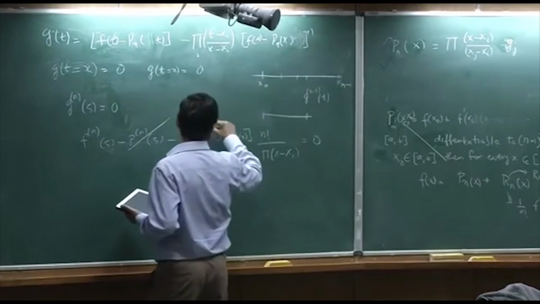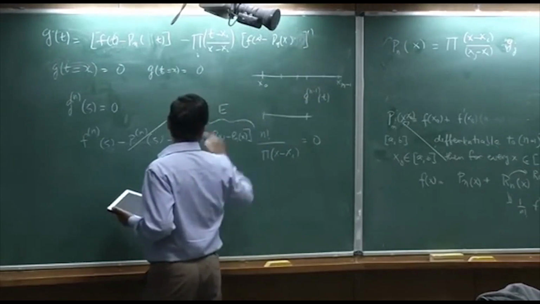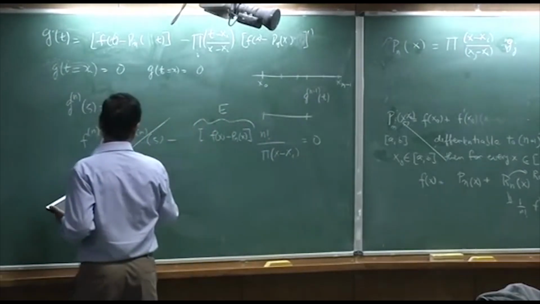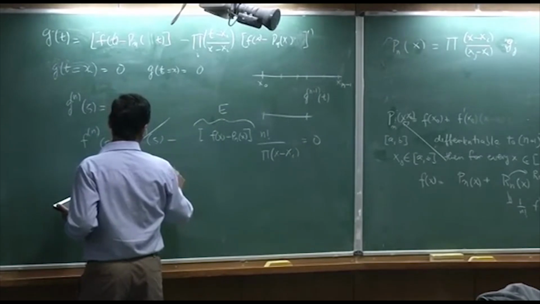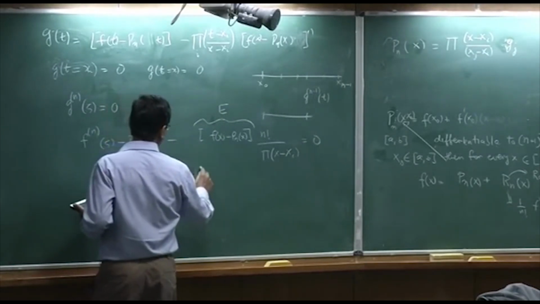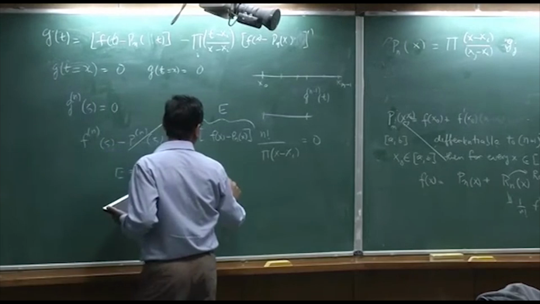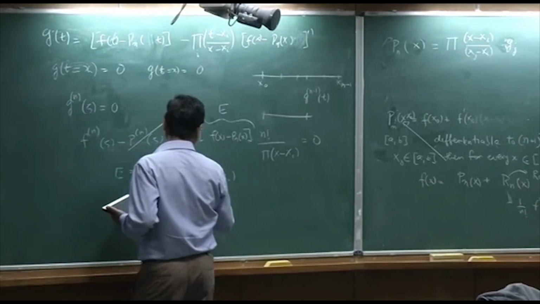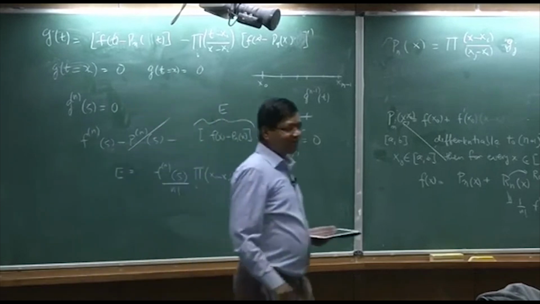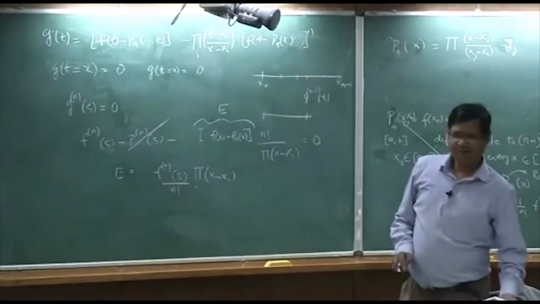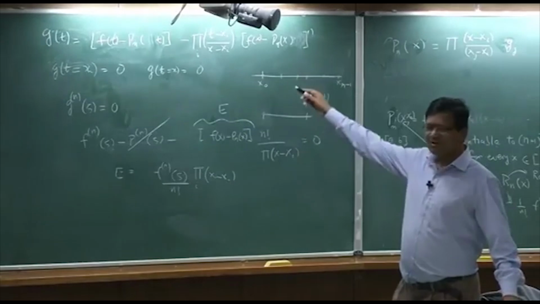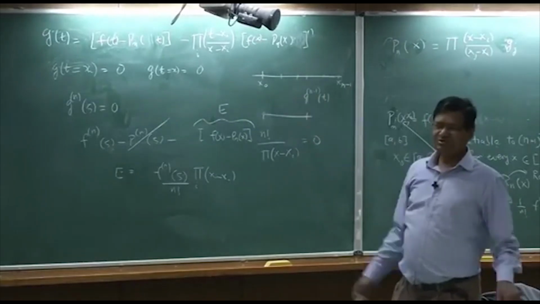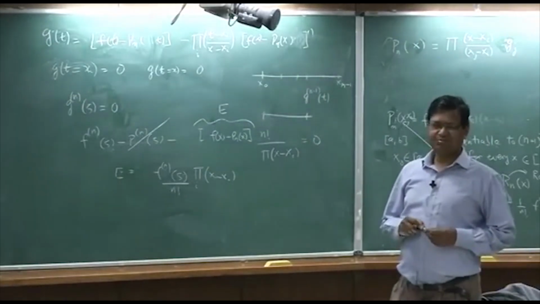So this is my error. So error equals f n of zeta times the product of x minus xi divided by n factorial. Okay. So it's not very difficult, but you just have to go through these several steps.